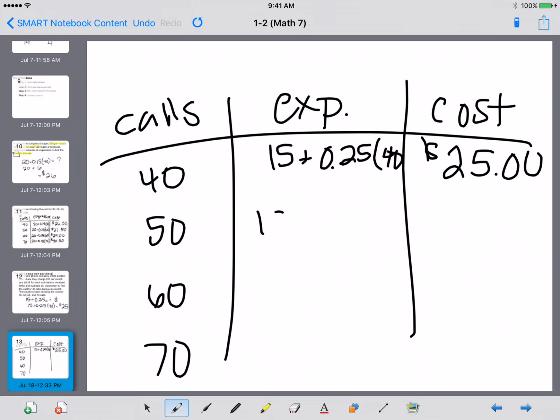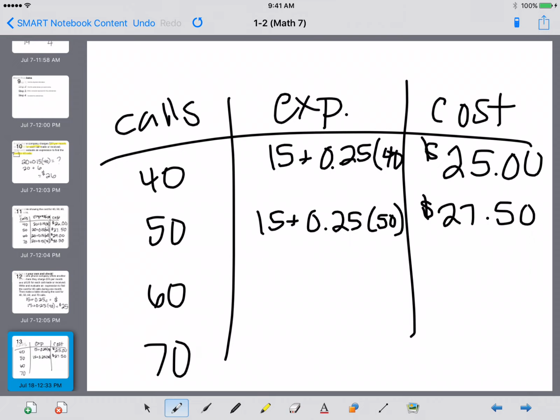Now I'm going to go back. 15 plus 25 times 50 calls. So 0.25 times 50 is 12.5 plus 15 is 27.50. And I'm going to go, okay, we have the exact same type of equation as we did last time.